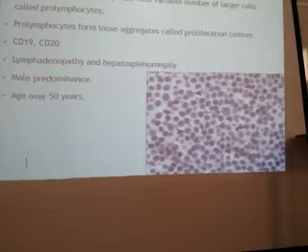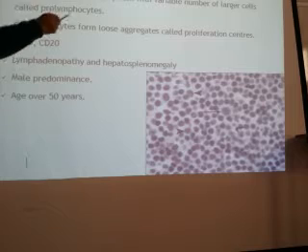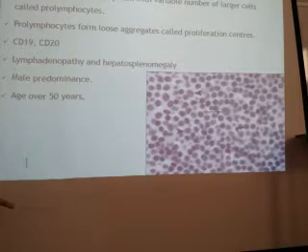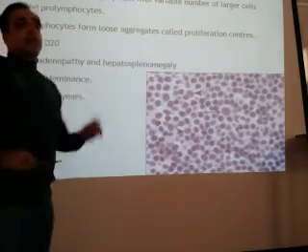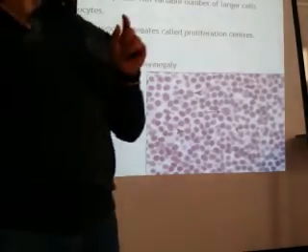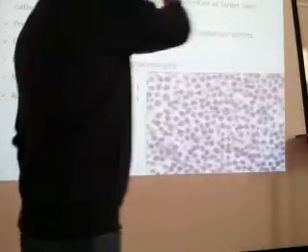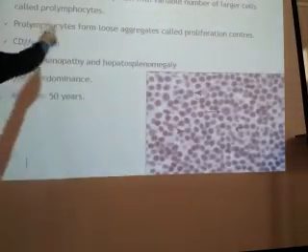Small lymphocytic lymphoma. As the name says, small lymphocytic, it means small lymphocytes you will find. So the lymph node is diffusely effaced, again a diffuse arrangement, by small lymphocytes with condensed chromatin and scant cytoplasm. But here, among the small lymphocytes, you can find some cells which are larger, called pro-lymphocytes. So there is a variable number of larger cells called pro-lymphocytes.